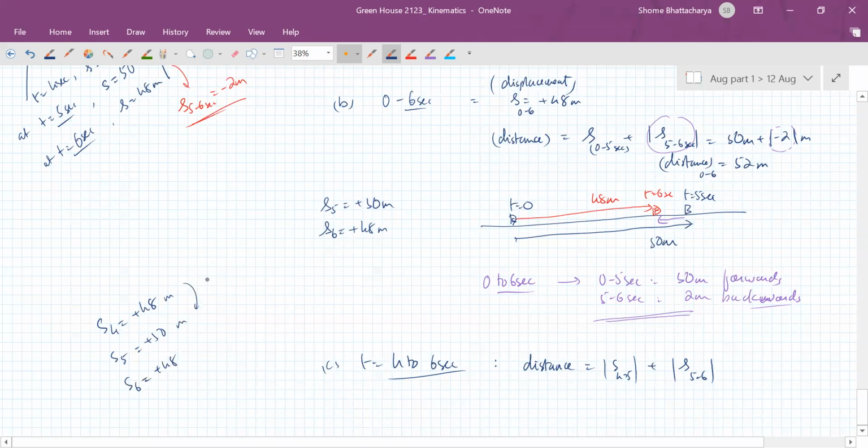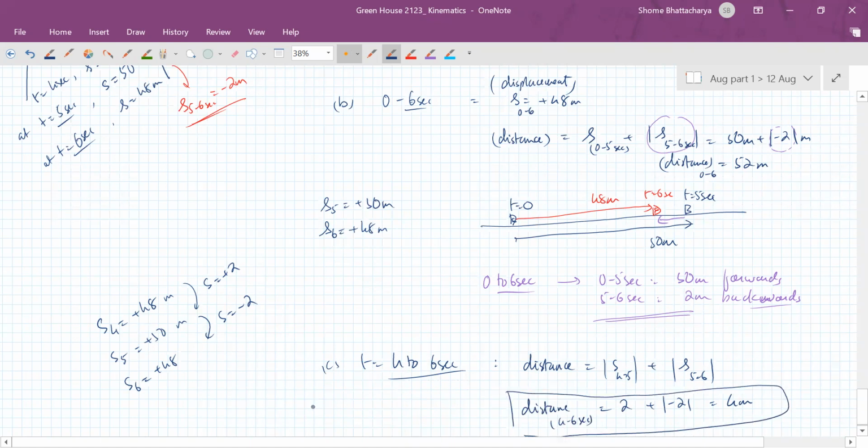So here to here, the displacement is plus 2. But here to here, the displacement is minus 2. So it is a sum of 2 plus mod of minus 2, which is 4 meters. So the distance traveled between 4 to 6 seconds is 4 meters, even though the displacement is 0. All right, so this is also clear.